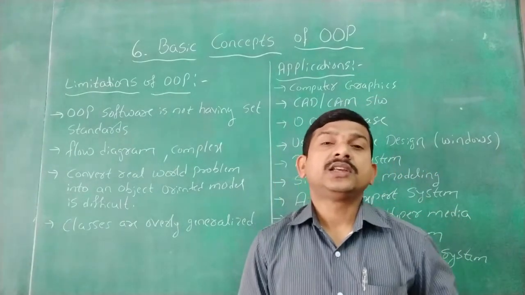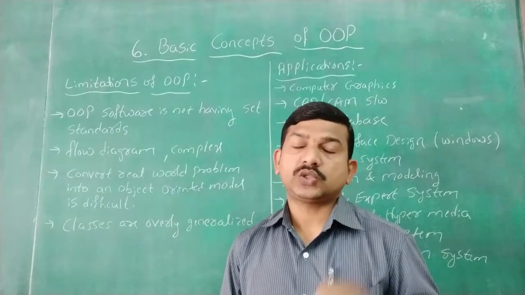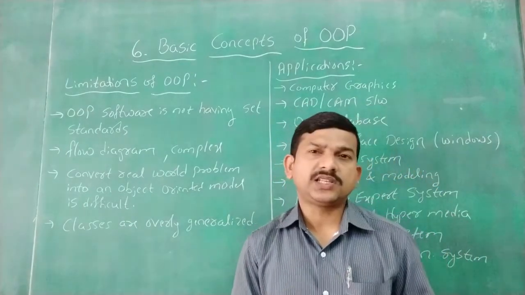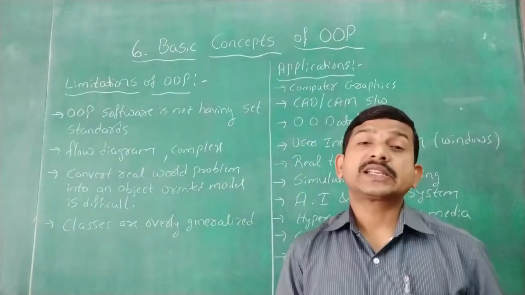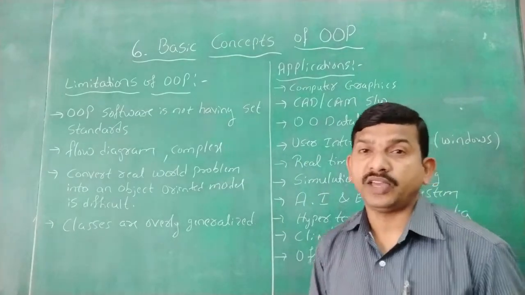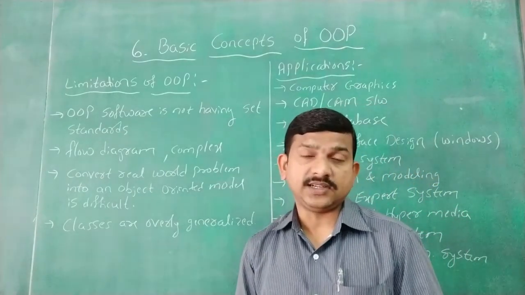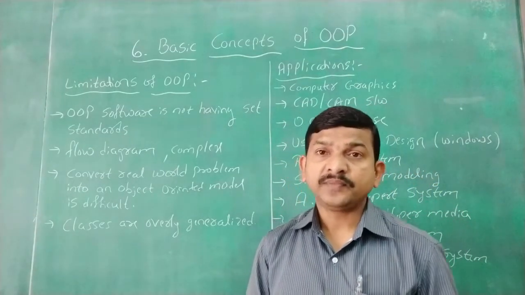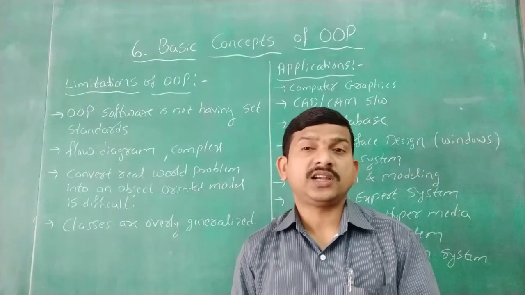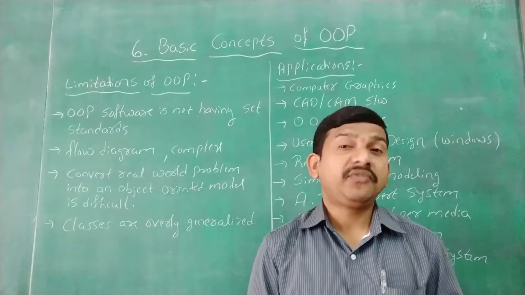Actually, compared to the limitations there are so many advantages, but we have to tell some disadvantages also. So here I mentioned some of the disadvantages. The first one is that OOP software does not have set standards. The second one, the flow diagram, that is drawing the flowchart, is very difficult.